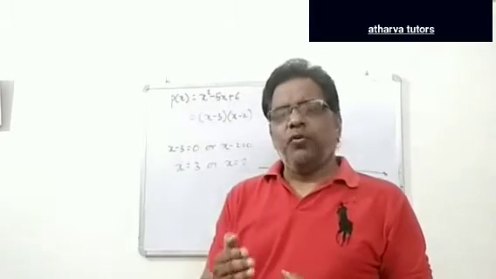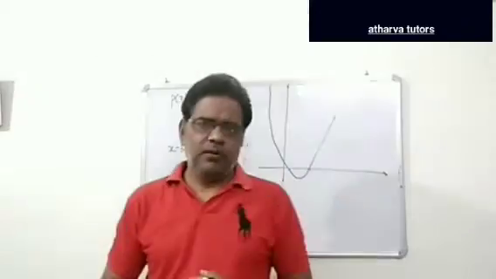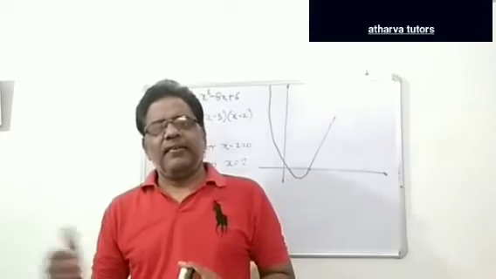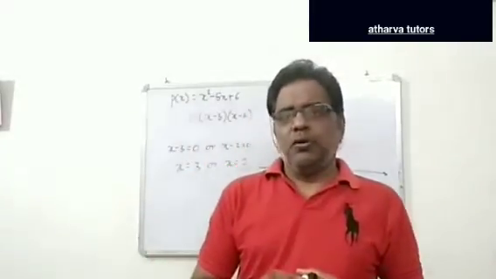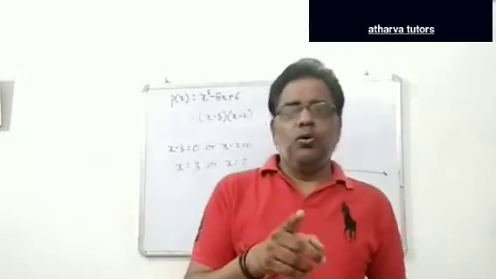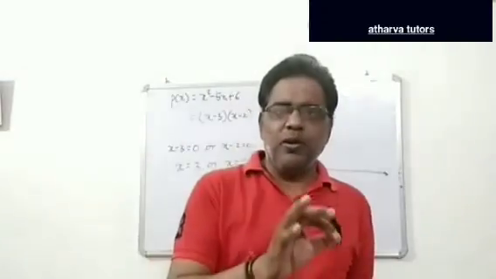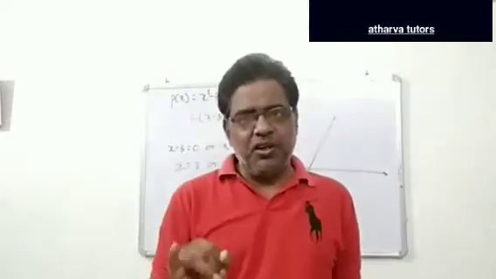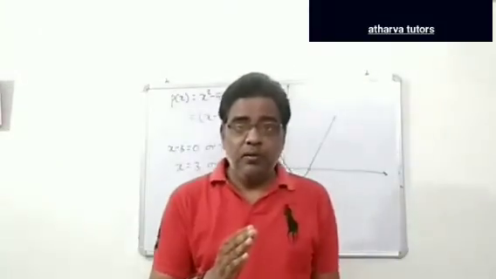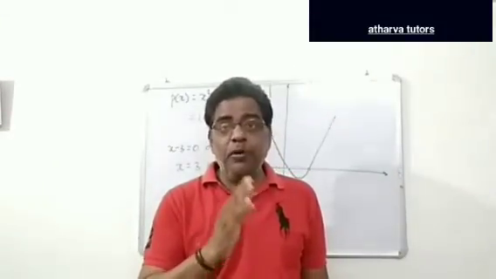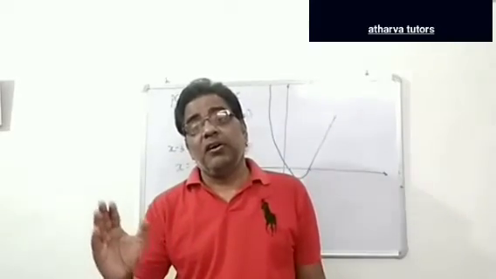then the curve will cut the x-axis at three distinct points. So one thing you have to remember here is that to know the number of zeros a given polynomial has, whether the polynomial is linear, quadratic or cubic, you have to see at how many points the curve is cutting the x-axis.